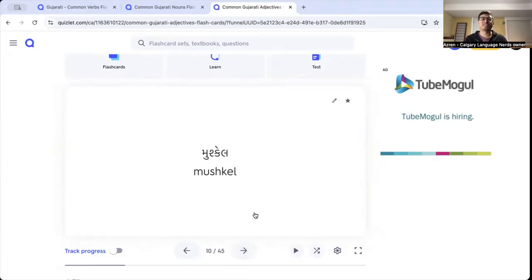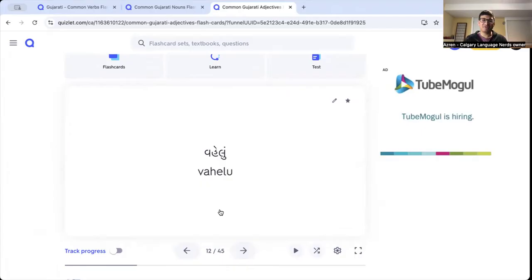Another word for difficult, I guess it's the same meaning, is agru. Early. Oh, I don't have one here. I'll have to type it in. Early is velu. I'll type it in, but by the time you watch this, it'll be typed in.